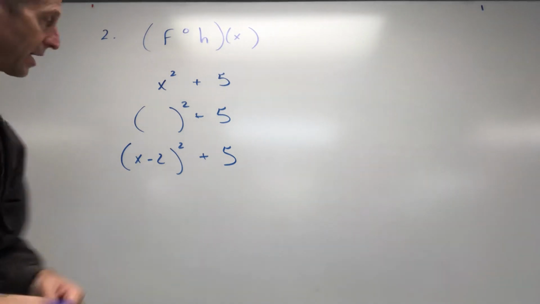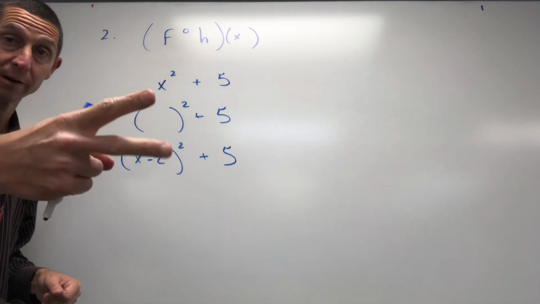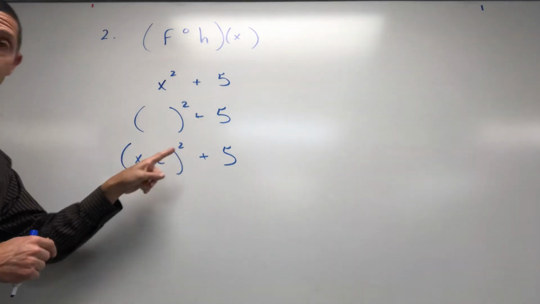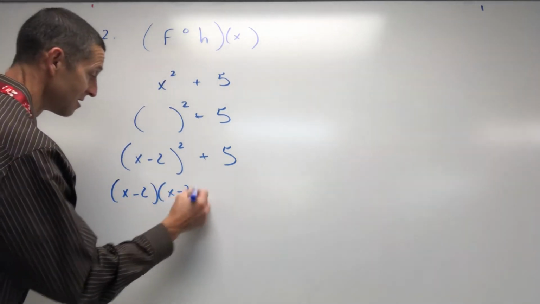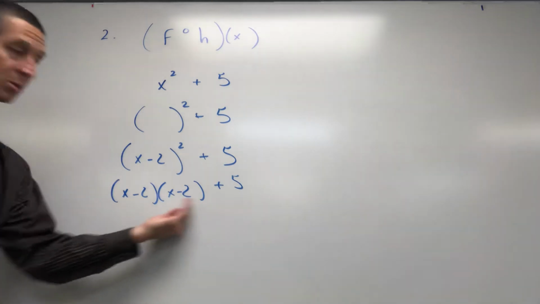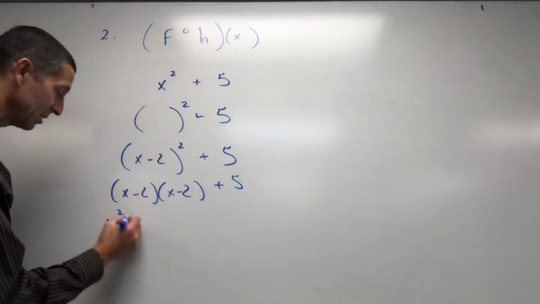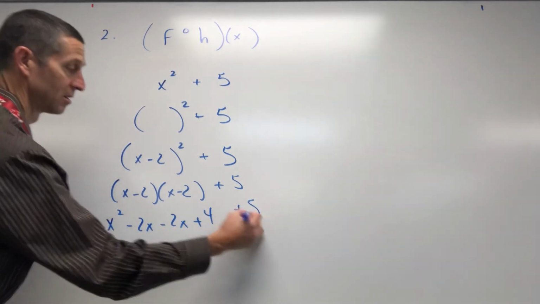Now when you go to do math, you see this is squared. Make sure you think about squared. There's 2 of these. There's one x minus 2, and then there's a second x minus 2. So when you multiply this all out, make sure you've got it written twice. This will be x squared minus 2x plus 4.